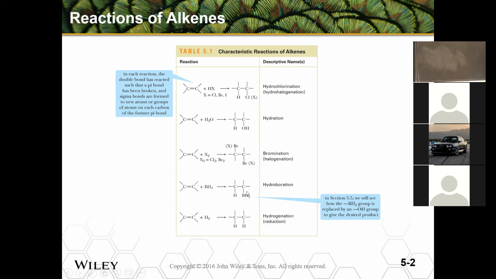This product, though, is not isolated. We go ahead and convert it to an alcohol. We can also add 2 hydrogens using hydrogen gas, 1 hydrogen atom to each side. This also has a very high activation energy, and so you have to have a catalyst in order to accomplish this.